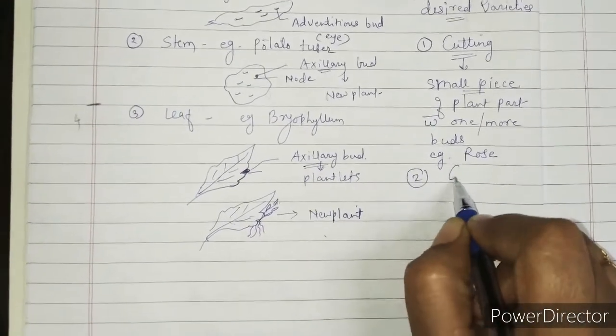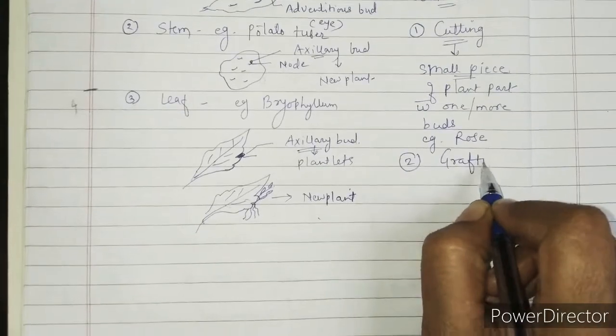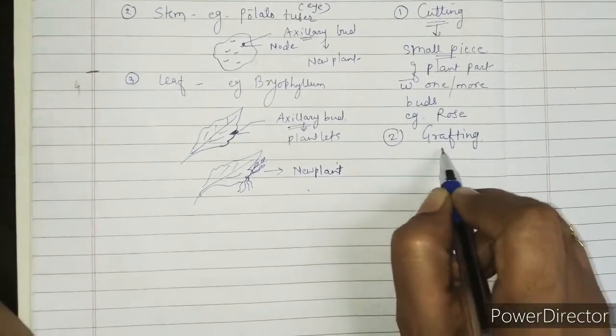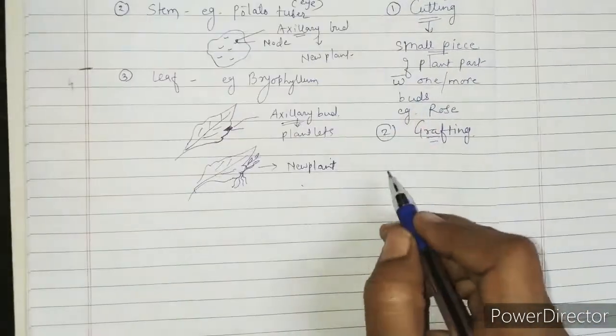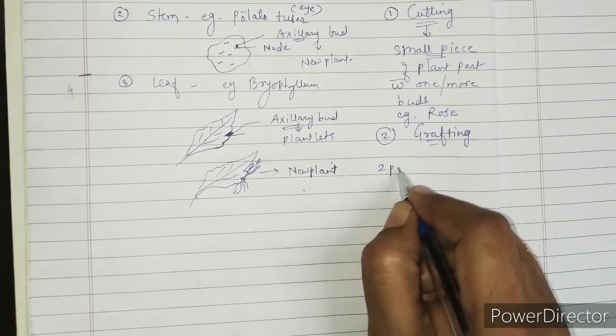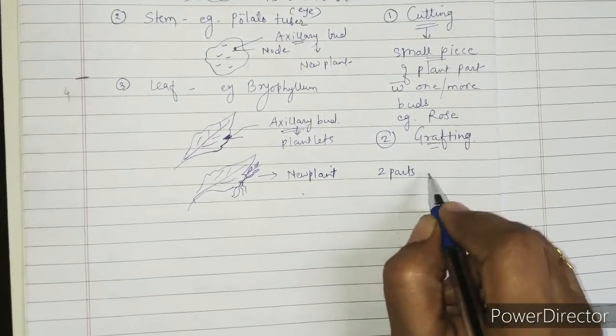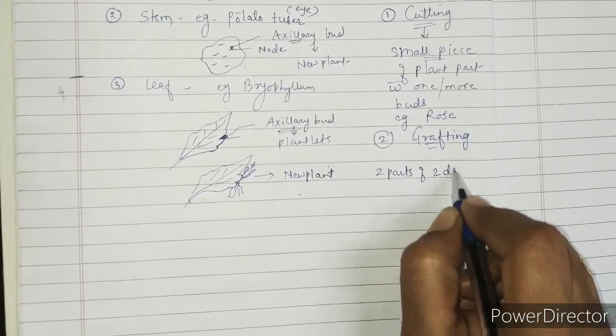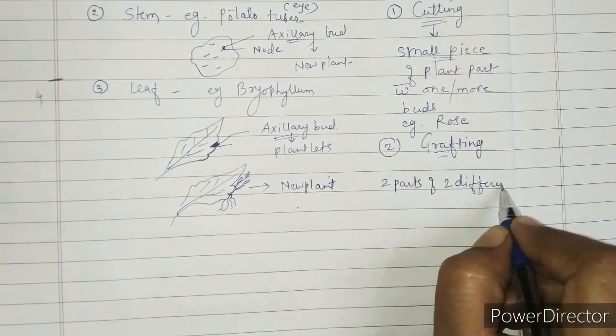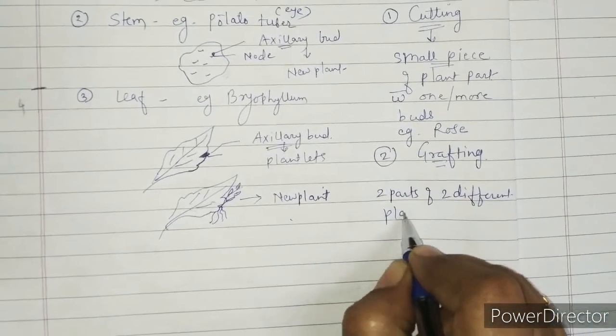Now the second type is called grafting. Here in grafting, two parts of two different plants are used.